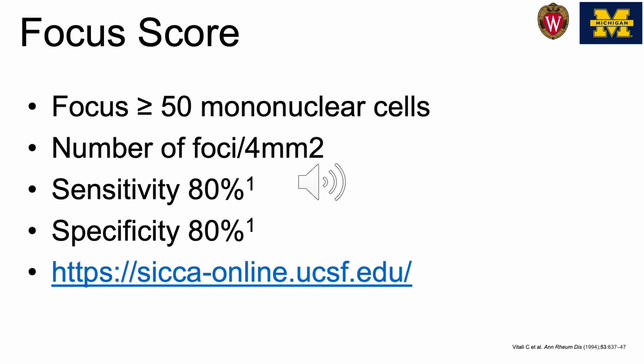The concept of focus score, that is the number of clusters of lymphocytes per 4 millimeter square gland, as an outcome measure, was first put forth by Greenspan at UCSF in '74.